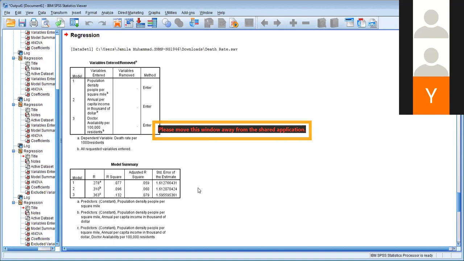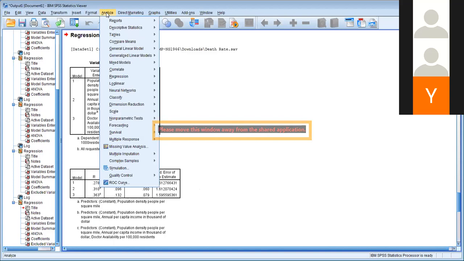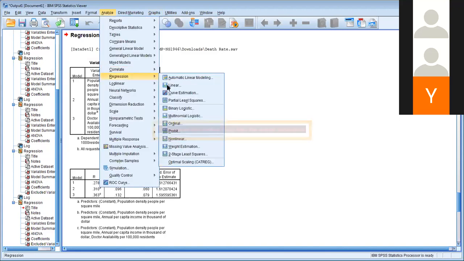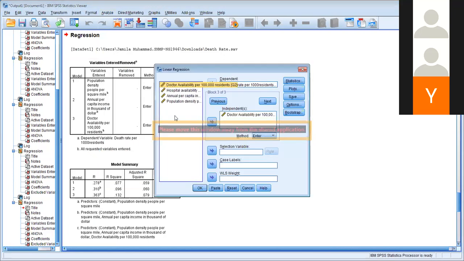Okay, go back now. Analyze. I will do something. It has improved by 7.7, 9.6, 13.2. Linear. Now, remove that doctor. Remove that doctor.